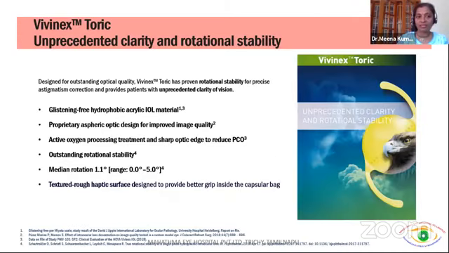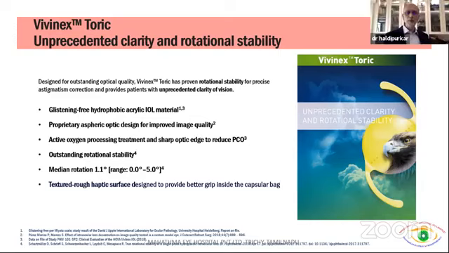Vivinex Toric is a glistening-free and hydrophobic acrylic IOL material. The special characteristic of this is the outstanding rotational stability with a mean rotation of 1.1 degrees, even in the 6 months post-op period. And a very special characteristic is the active oxygen processing treatment, which reduces the PCO rate.